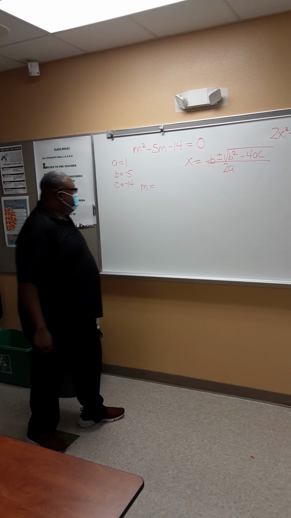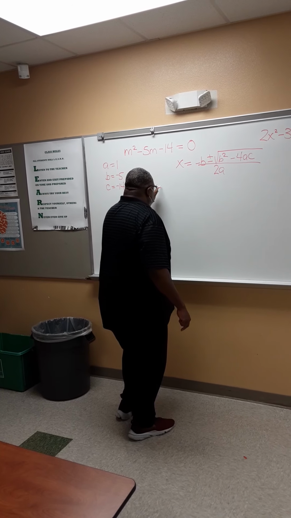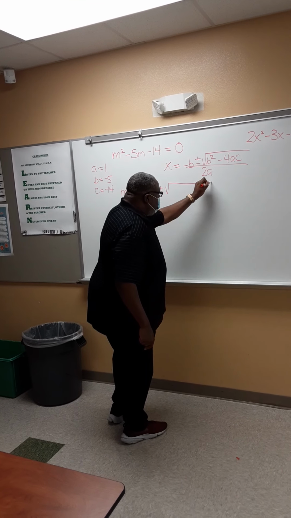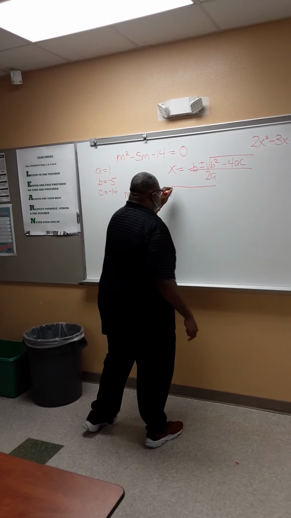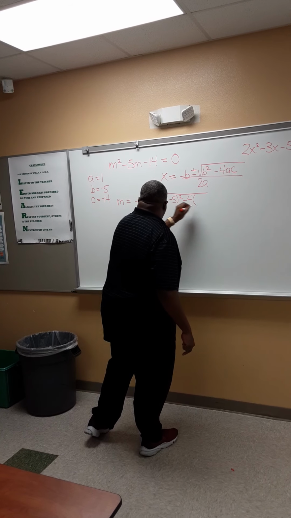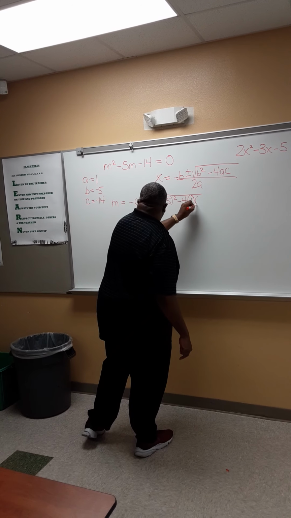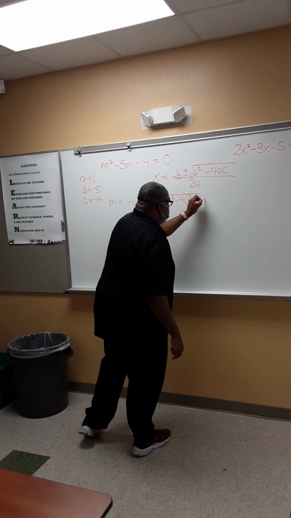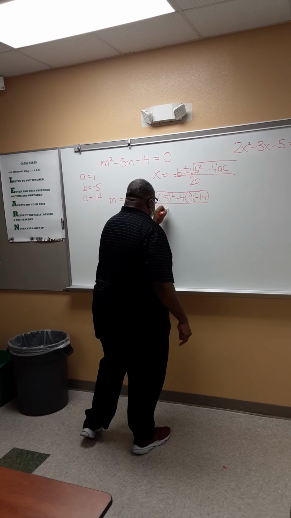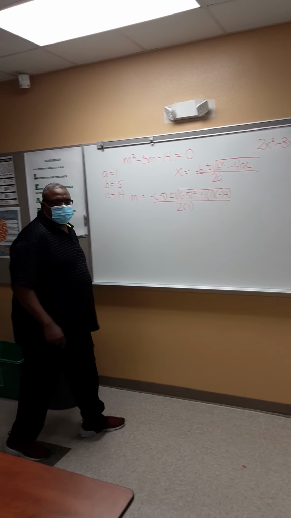M equals negative 5 plus minus square root of negative 5 squared minus 4 times 1 times negative 14, all over 2 times 1.